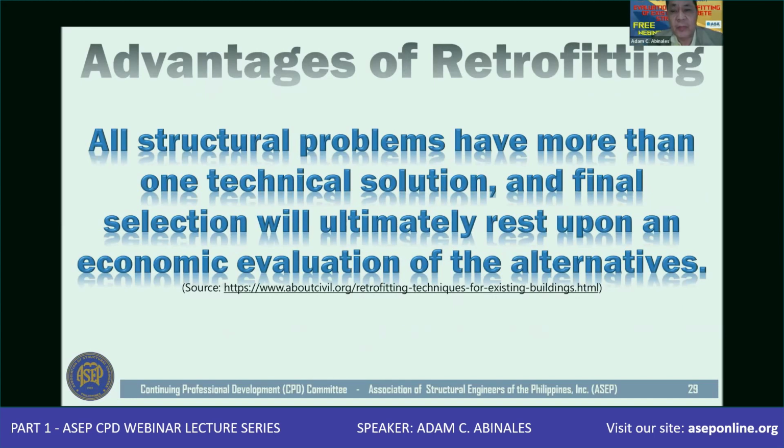All structural problems have more than one technical solution. So in retrofitting, the engineer would have a lot of choices, but of course the strategy would depend on how we go about the design and satisfy other requirements as far as retrofitting is concerned.